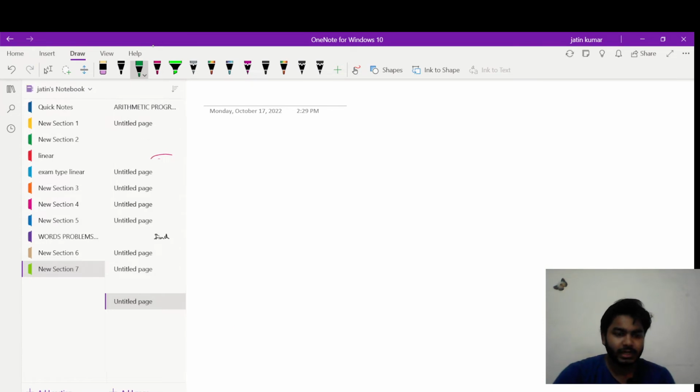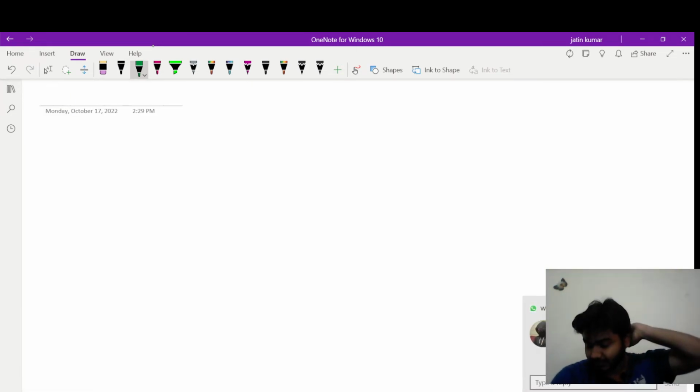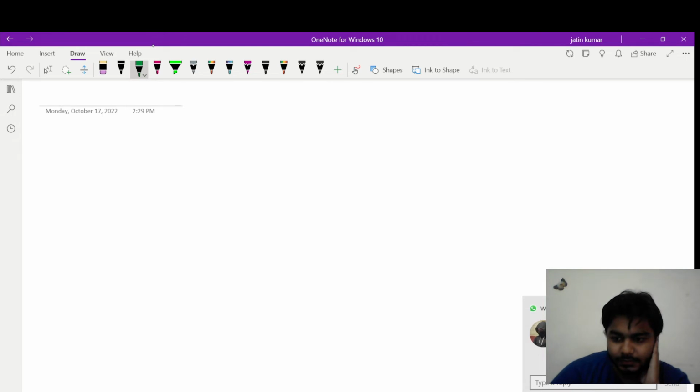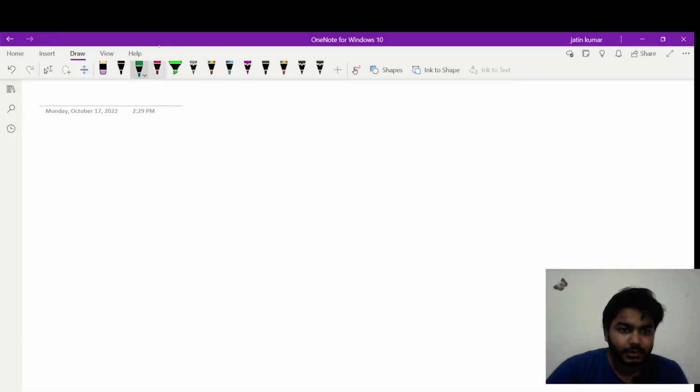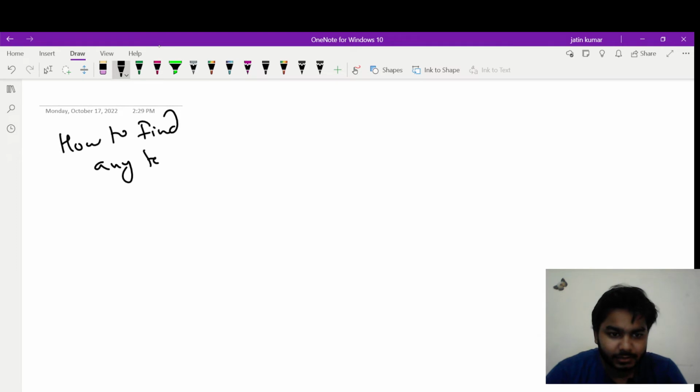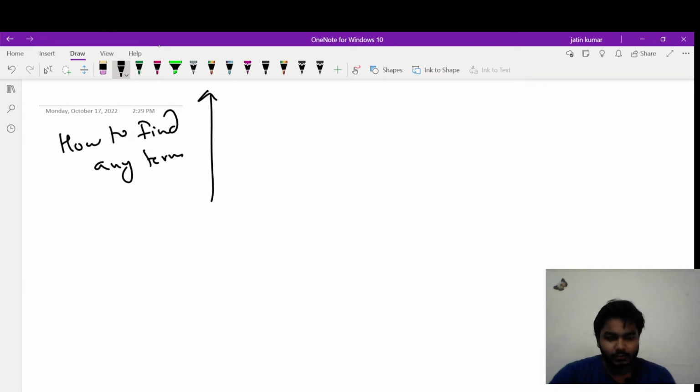So we have done 3 types of questions. You have understood how to find any term. Finding any term means the 6th term, 7th term, 8th term. Suppose you need to find the 5th term, then a plus 4d, 6th term a plus 5d, 7th term a plus 6d, and so on. Then you have found the nth term.